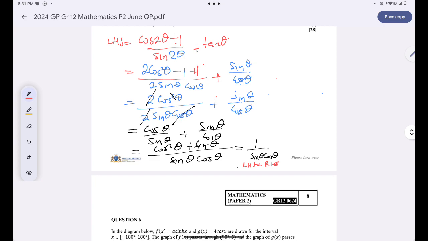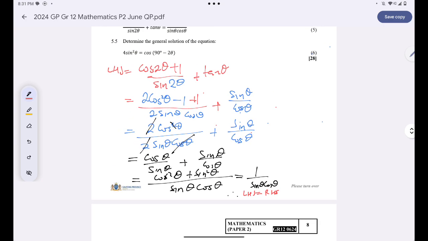Now firstly you need to reduce angles. Here angles were already reduced, and then on the first step I was supposed to check whether I have two things which I can change into one. There were no square identities there, so I just moved on. I changed everything into sine and cos.